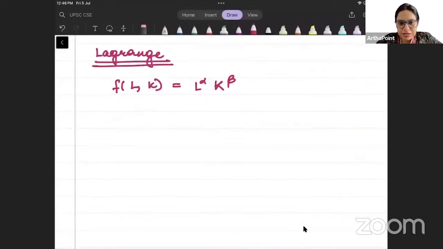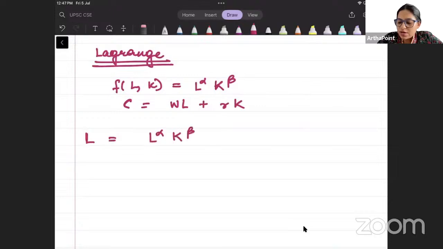I'm just going to give you a hint here. Your cost function is WL plus RK. So you can form a Lagrange. So you can write L will be equal to L to the power alpha, K to the power beta plus lambda (WL plus RK minus C).